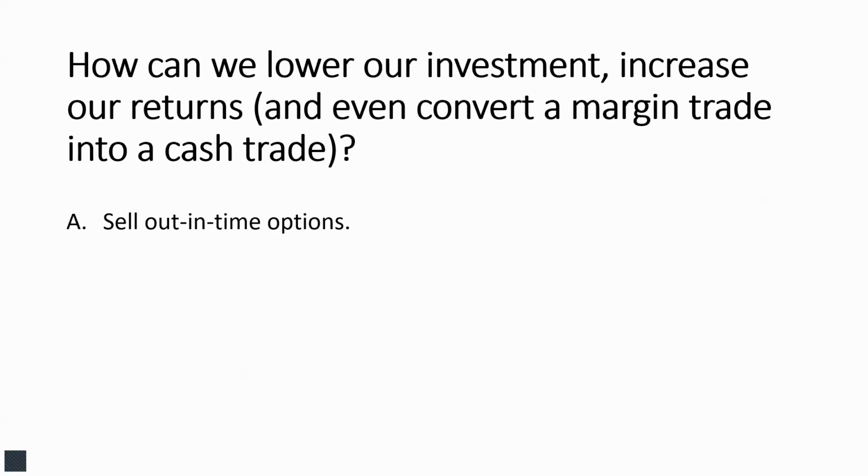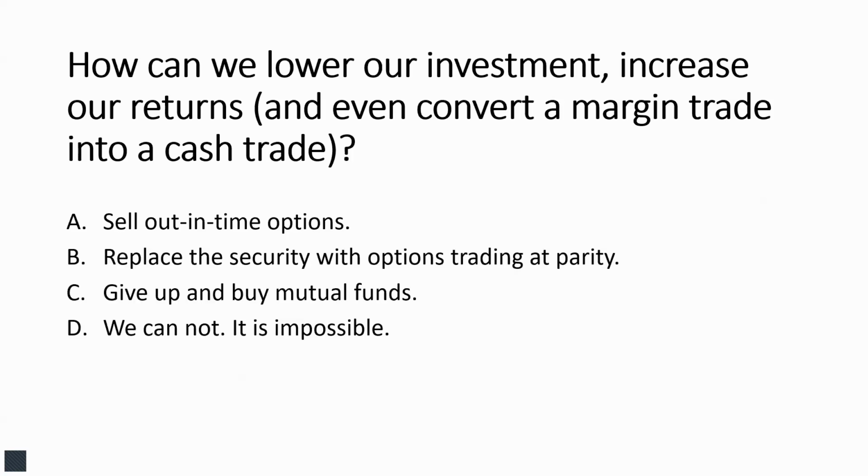Now, here's another question, but I'm going to see what you already know here. How can we lower how much we have to invest in these premium selling trades, but at the same time increase our returns and even convert a margin trade into a cash trade?